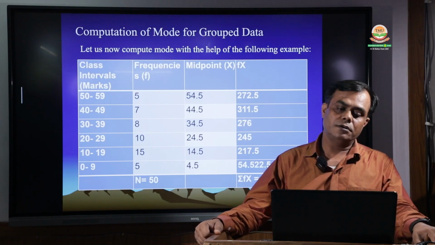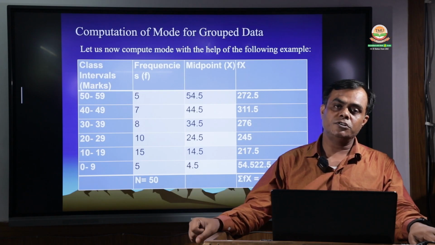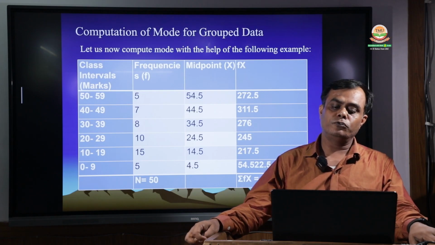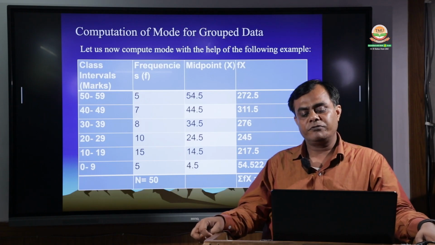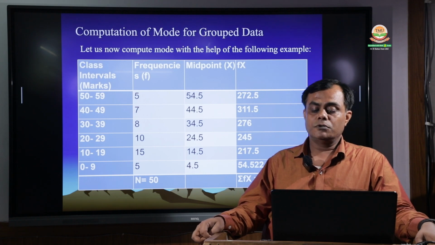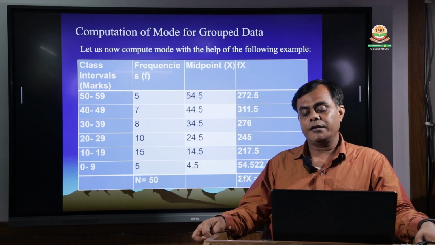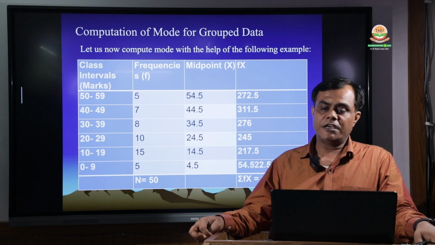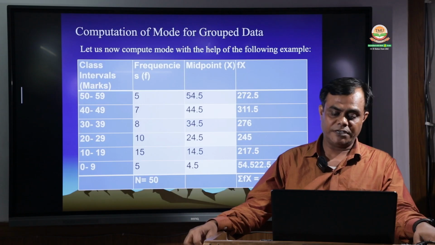The last class interval is 0 to 9 and the mid value is 4.5, and that 4.5 multiplied by the frequency 5 gives 22.5, that is the fx value. So all six fx values we are adding, that becomes sigma fx, and the sigma fx is 1345.